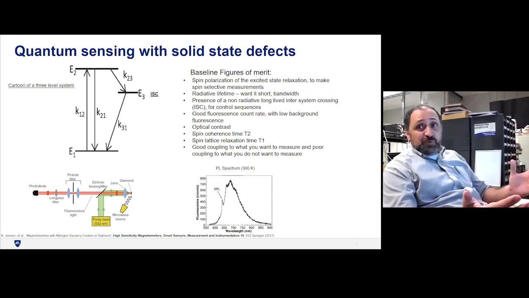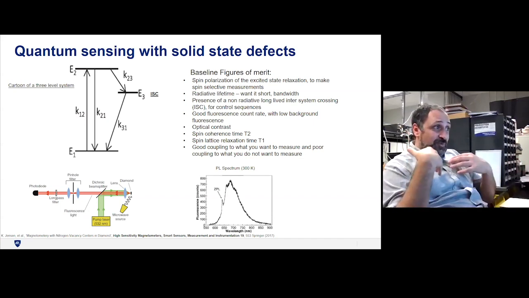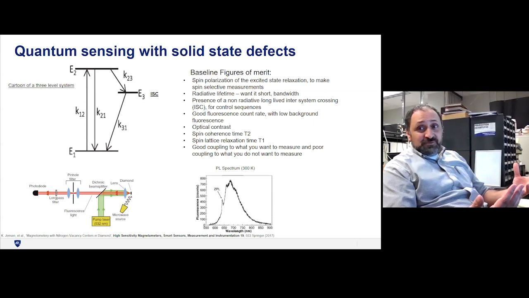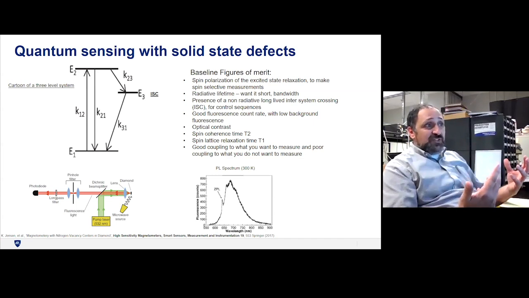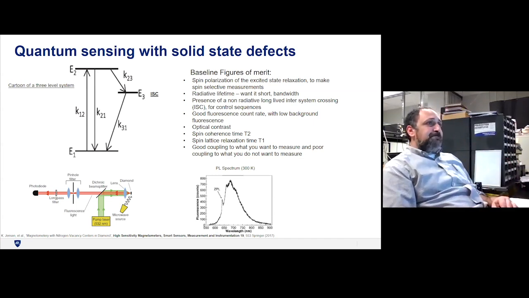The crystal does it for you. That's really cool. By optically pumping, the crystal structure spin polarizes these defects. And there's a T2 time, there's a T1 with this spin polarization associated with it.